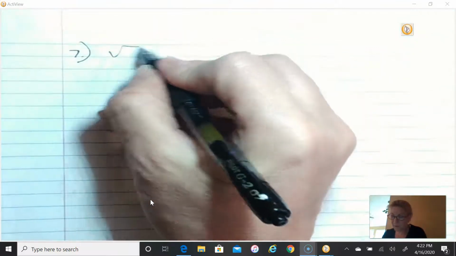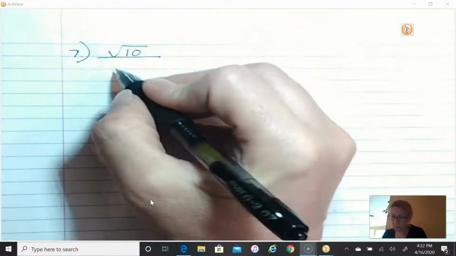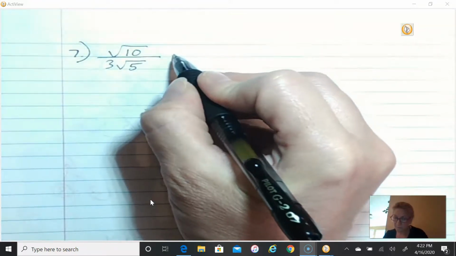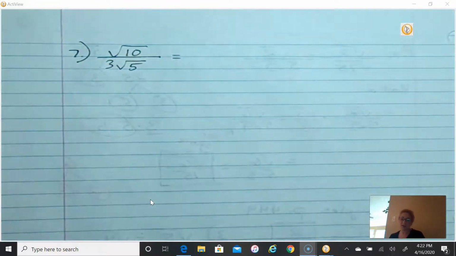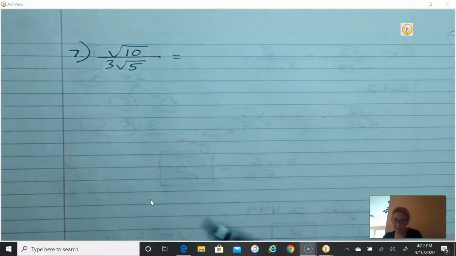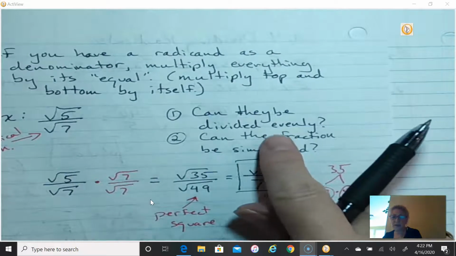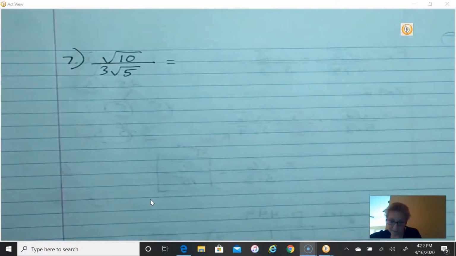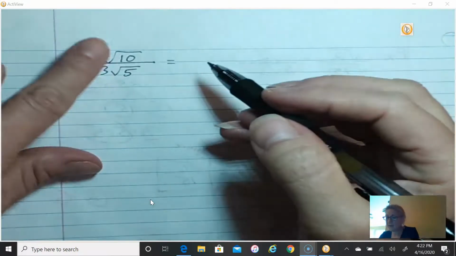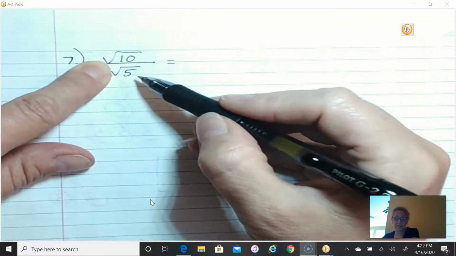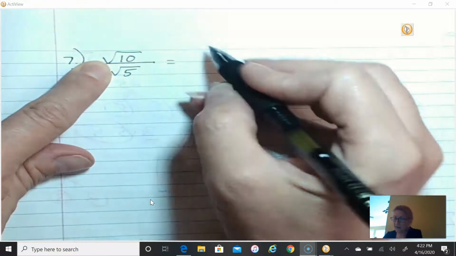I have square root of 10 over 3 times square root of 5. Okay, so check this out. What is step 1 again? Can they be evenly divided? If I cover up that 3, can those 2 be evenly divided? Yes, they can.